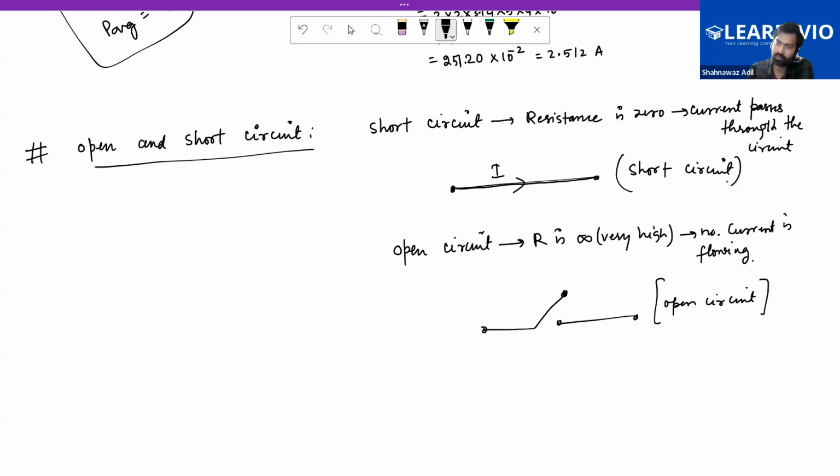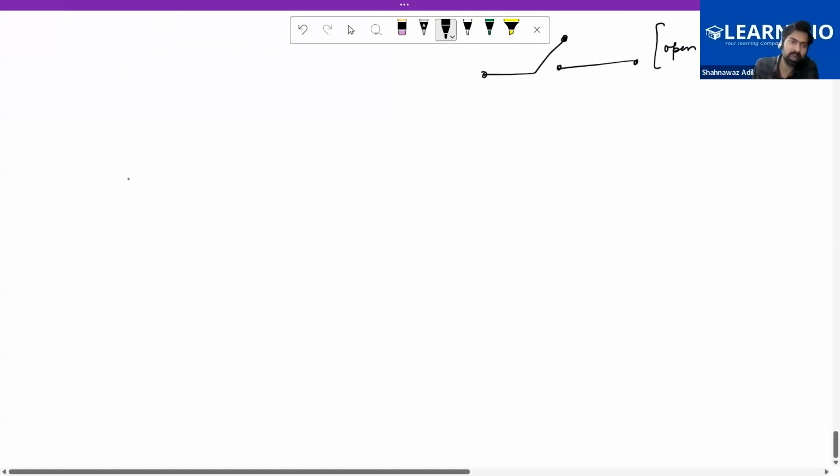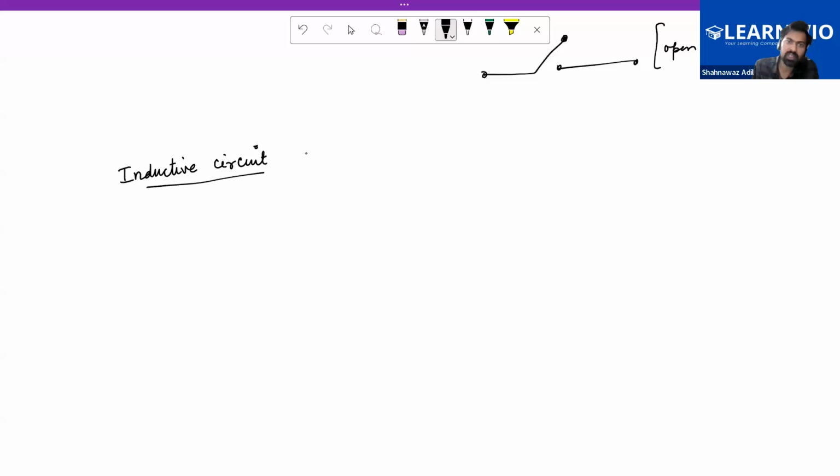Same thing in an LCR circuit. So let's say we talk about the inductive circuit. In an inductive circuit, what is the resistance? This is called the reactance, right?